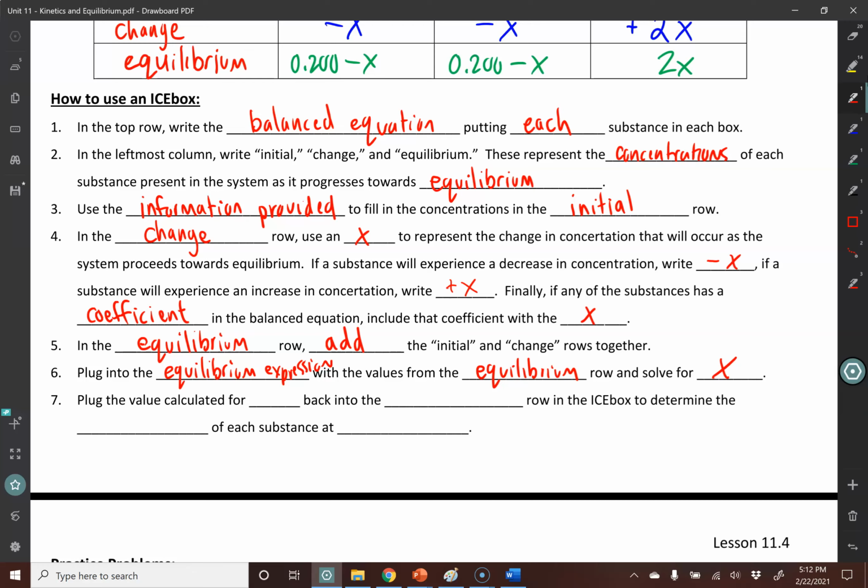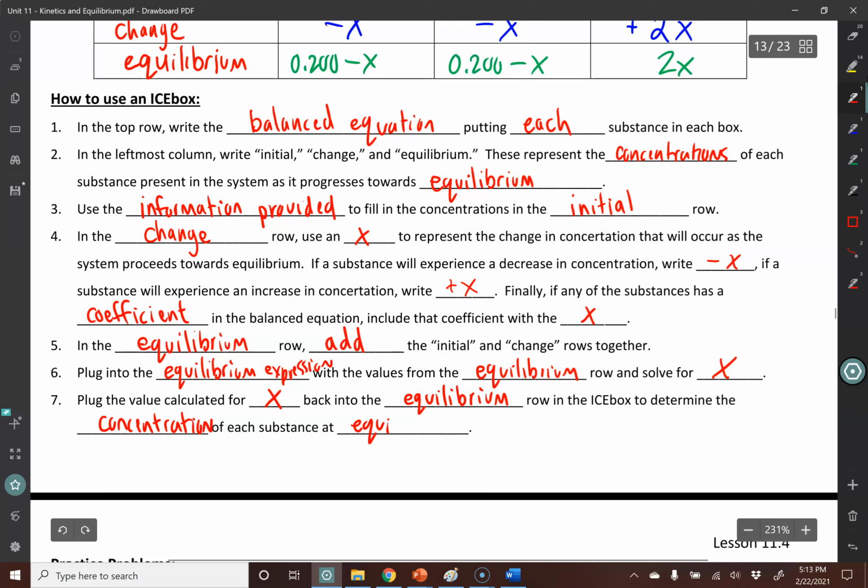Last step, take the value that you've calculated for x and plug it back into the equilibrium row to determine the concentration of each substance at equilibrium.